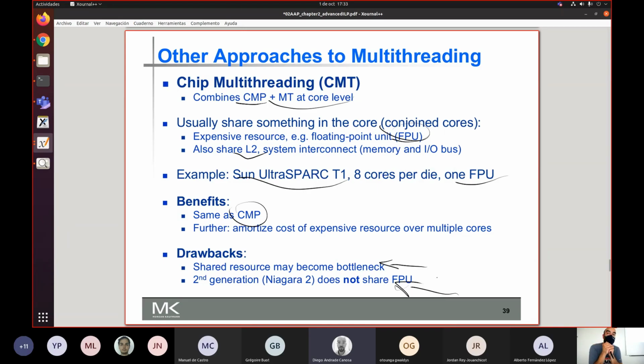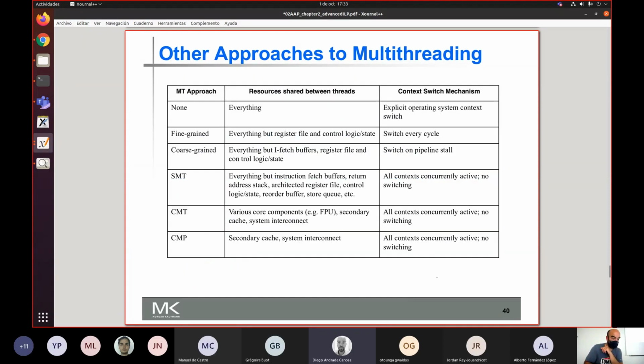Okay, so as it happened in the case of instruction level parallelism, here is a summary table for different multi-threading approaches. So we have no multi-threading, fine-grained and coarse-grained, simultaneous multi-threading, and these more exotic approaches of CMT and CMP.